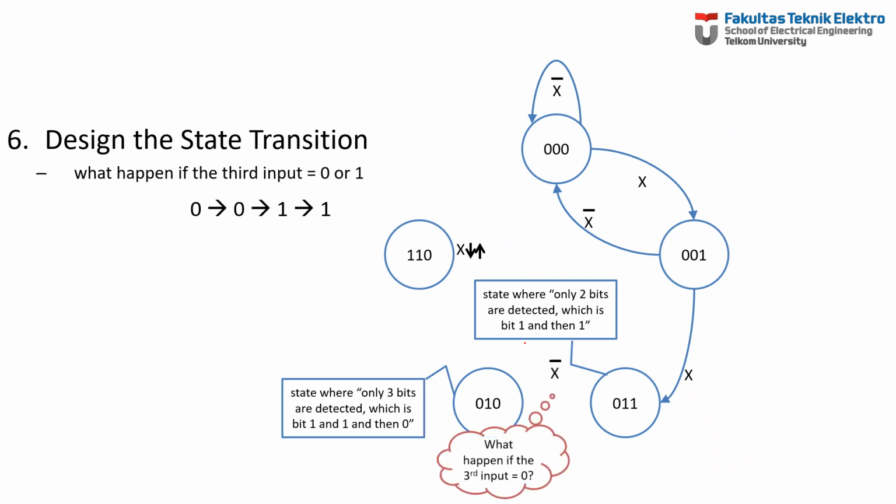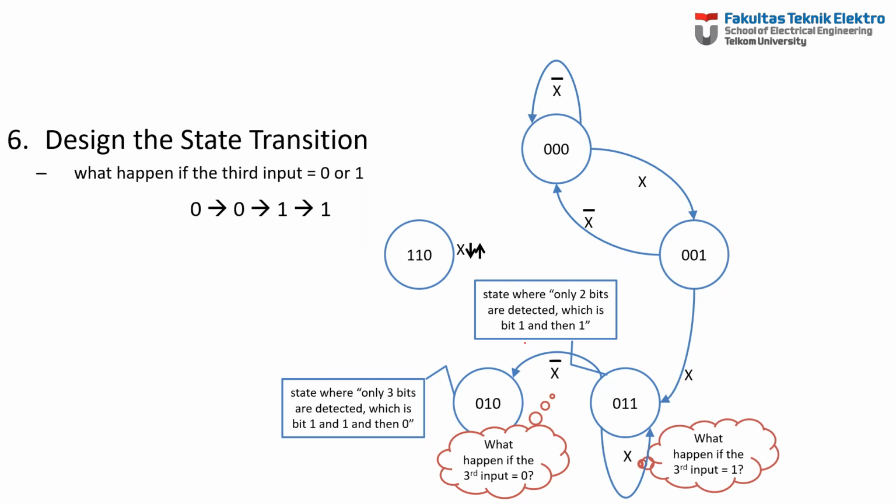Okay. Now, what happens if the next input is 0? So it's pretty easy. Just change the state to 0, 1, 0. However, what happens if the third input is 1? So it will become 1, 1, and then 1. It will stay here. Why?